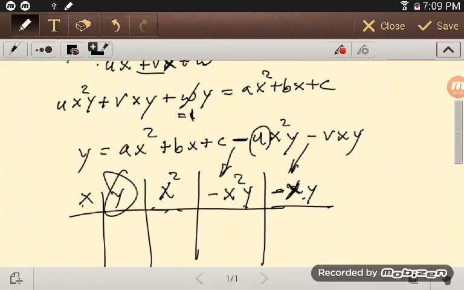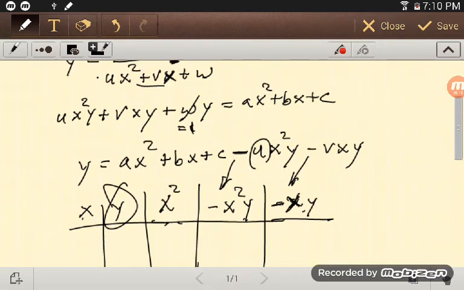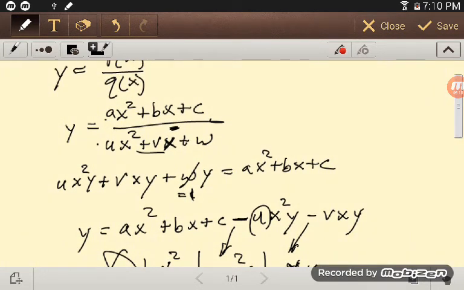If I have some reason to believe a particular form, say a quadratic over a linear or something like that, or one quadratic over another quadratic because of the shape of the curve, I can do that and build these in.